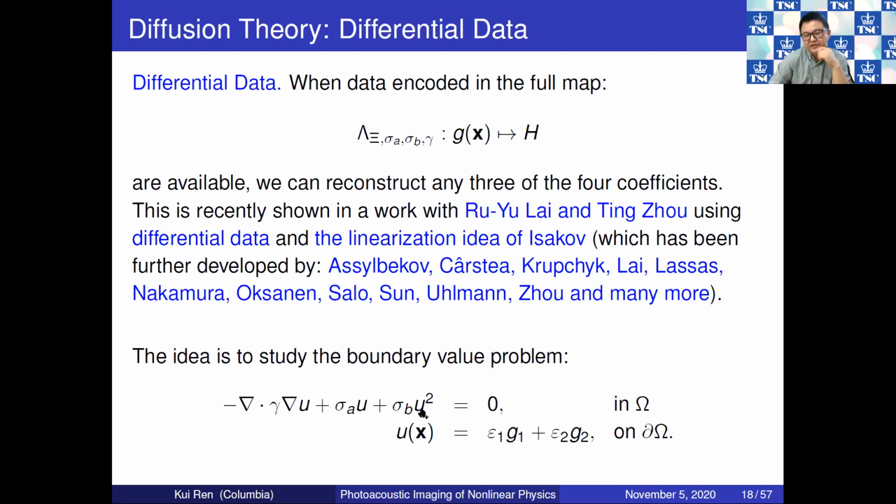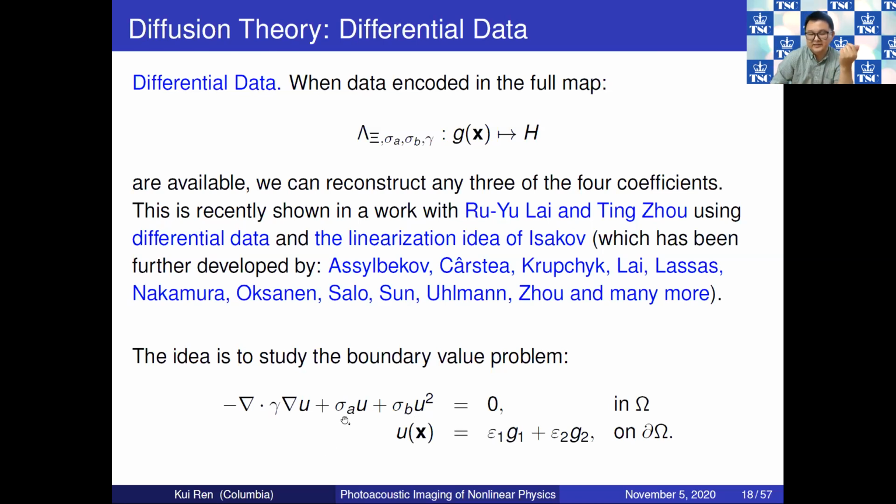You can think of this in two ways. One is you can think of this sigma A plus sigma B times U as the total absorption, so that you have an absorption that depends on the intensity of light. That's one way to explain this phenomenon. Actually, people say this is different; I really don't know that.